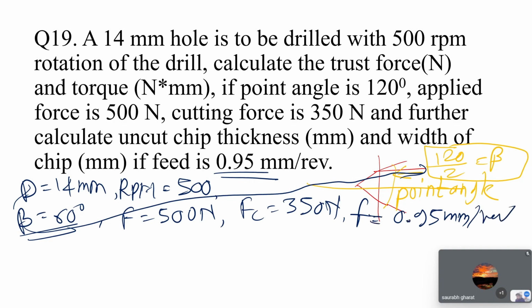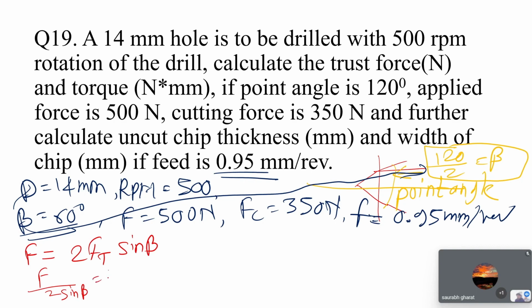It is mostly based on formulas. We know your F is equal to 2 Ft sine theta. To find thrust force Ft, it will be F divided by 2 sine theta.